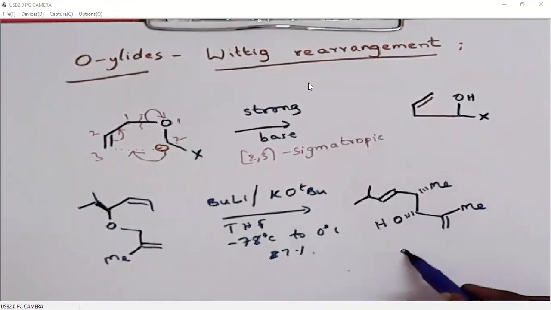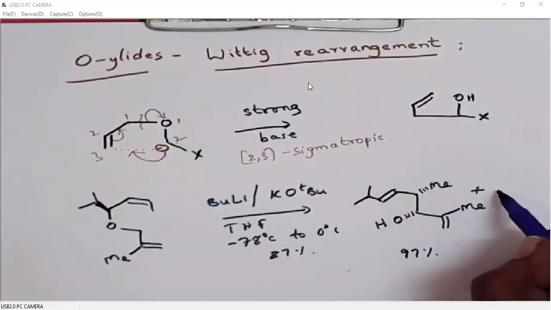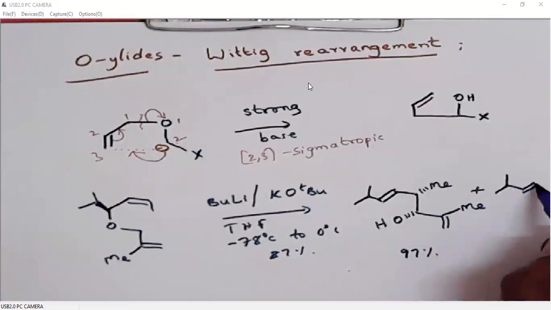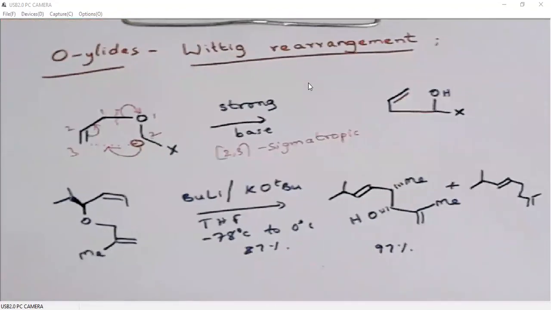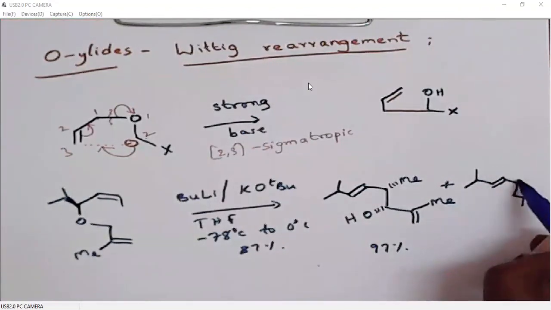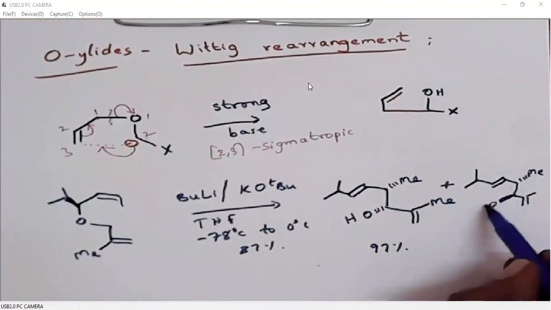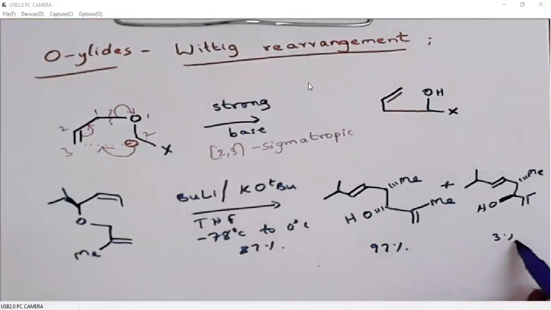Out of the 87%, 97% is the cis product, and the remaining 3% is the trans product. This is 3%. Now how do we expect whether it will give a cis or trans?